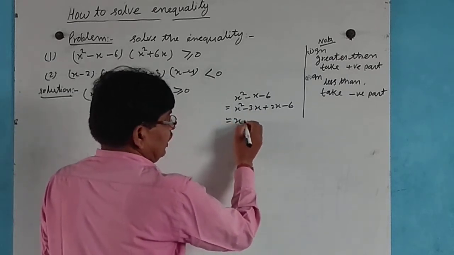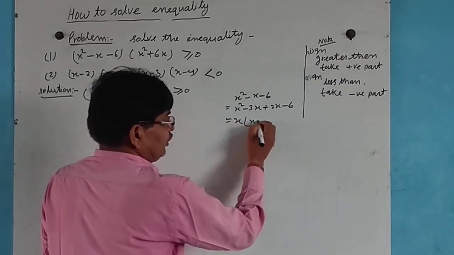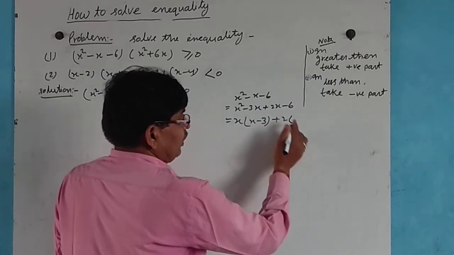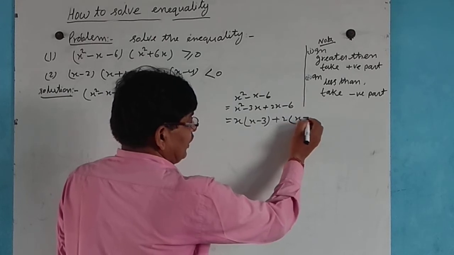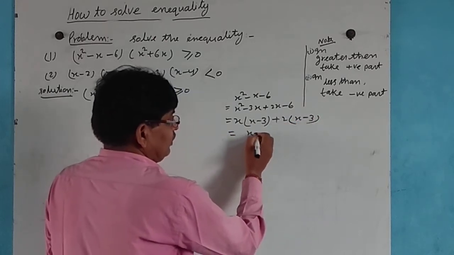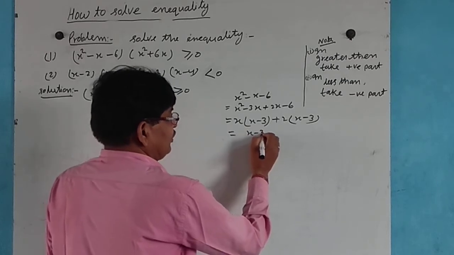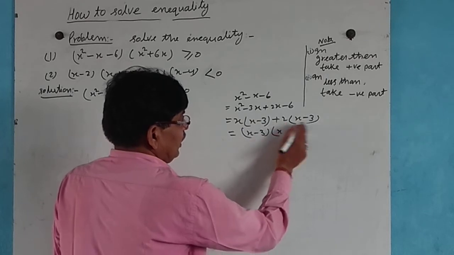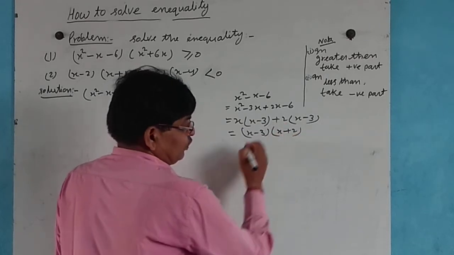Here take the common x minus 3, and here plus 2, also x minus 3. Now taking the common x minus 3, here x and here x plus 2.